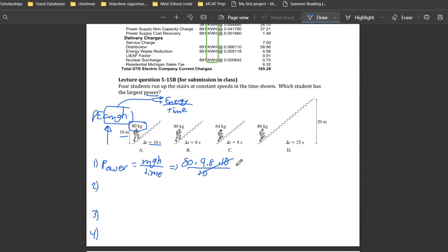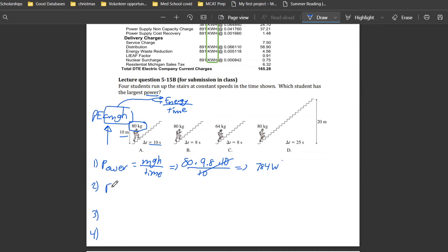So these two cancel out, and it's just 80 times 9.8, and just plugging this into my calculator real quick, we get 784 watts. So the power expended was 784 watts, and we can continue to use this for each of these different cases.